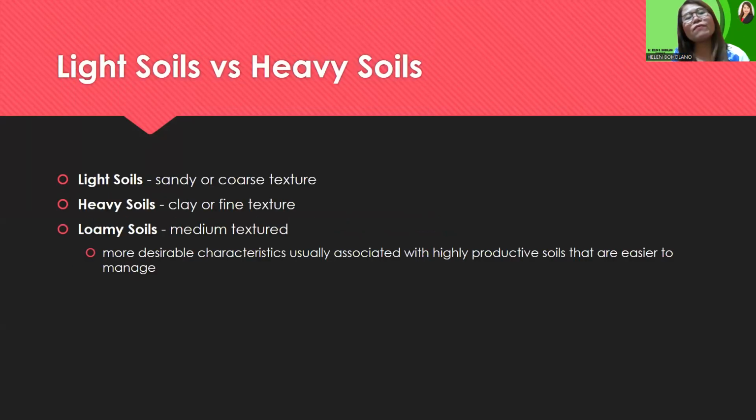What is the difference between light soils and heavy soils? Light soils are sandy or coarse texture. Heavy soils are clay or fine. If it is fine, these are heavy soils. If it is sandy or coarse, these are light soils.